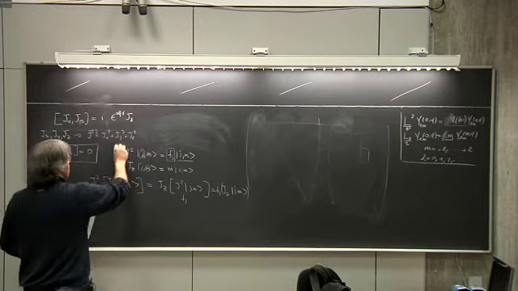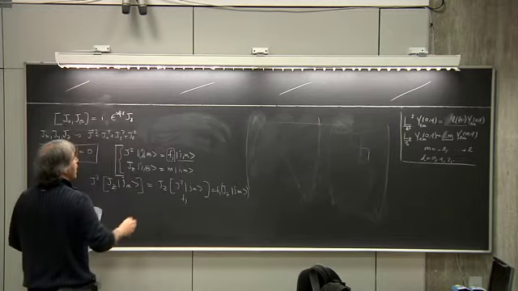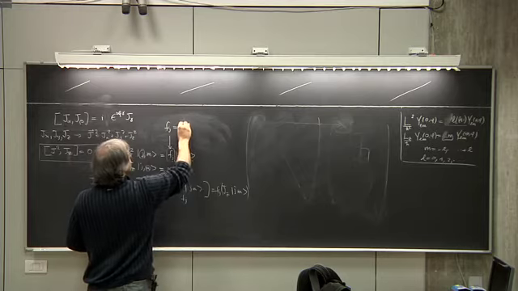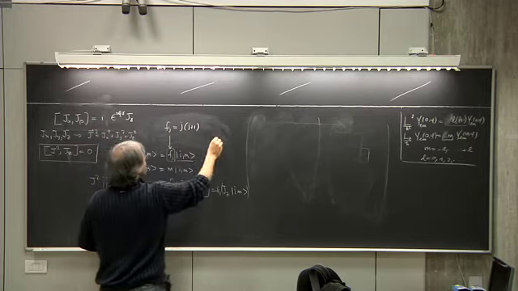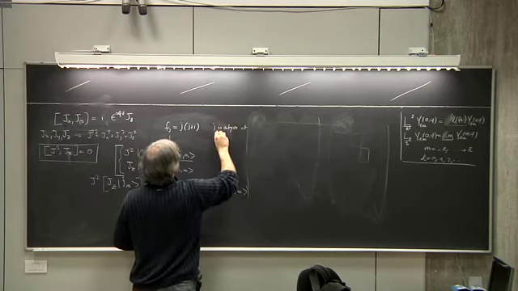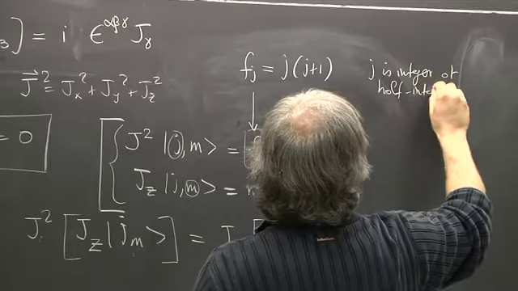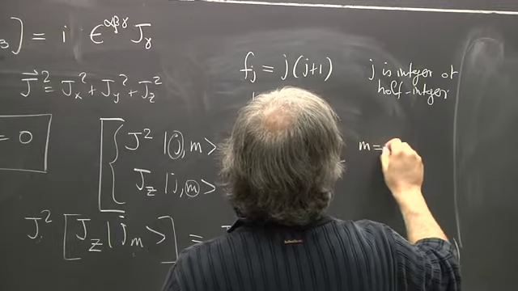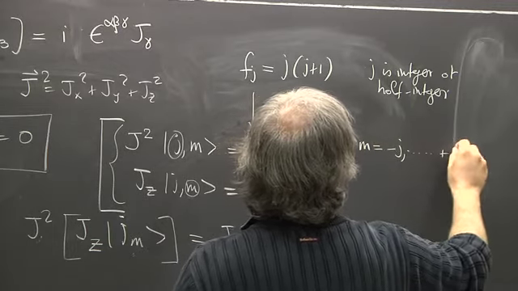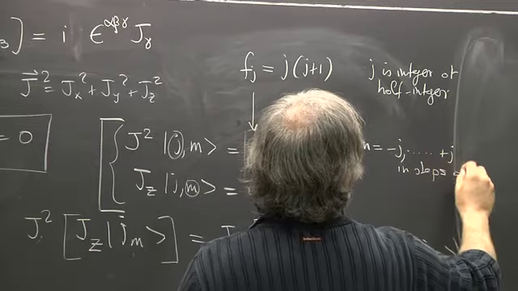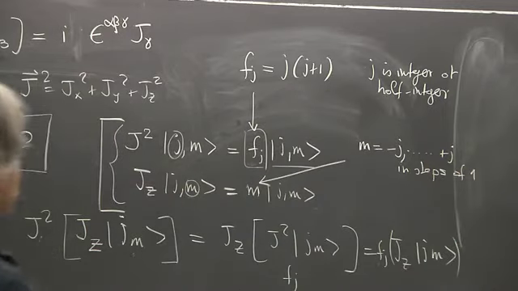I want to show you this with the following conclusion, that Fj must be equal to j(j+1), where j is integer or half integer, and m is an index going from minus j to plus j in steps of 1. Okay? So this is the statement of what we are going to show in the following.